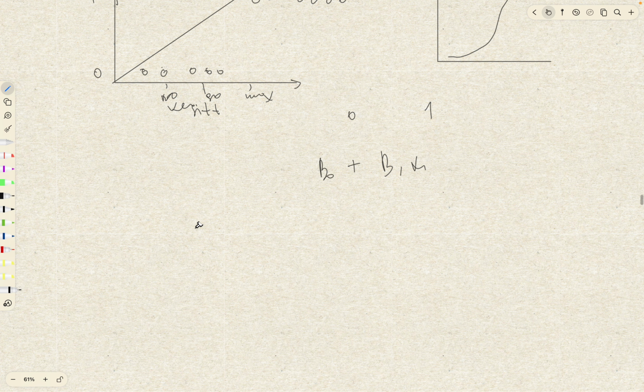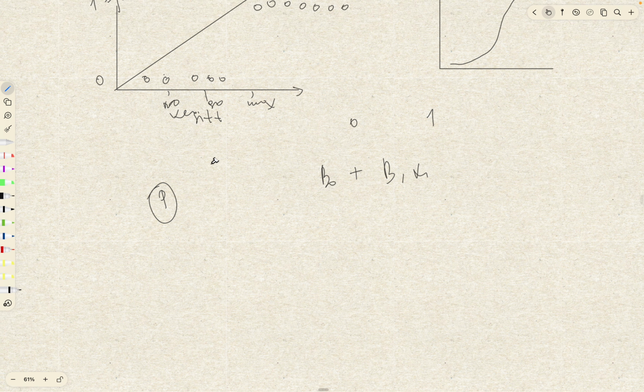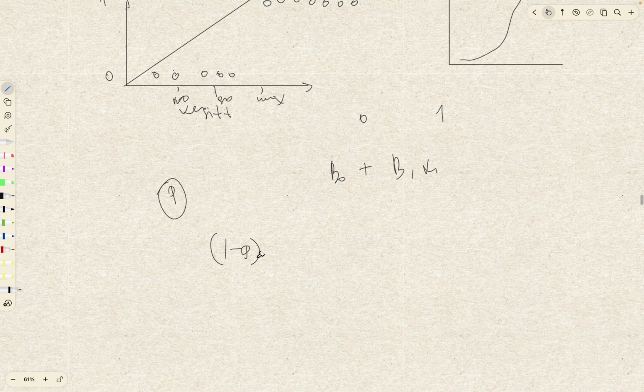And at this point we also need to introduce a concept called odds. Basically, when we have the probability of something happening, let's say this probability is the probability of an instance belonging to a class, and this is the probability of that instance not belonging to that class.